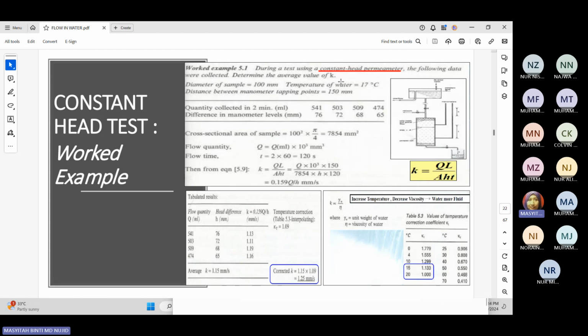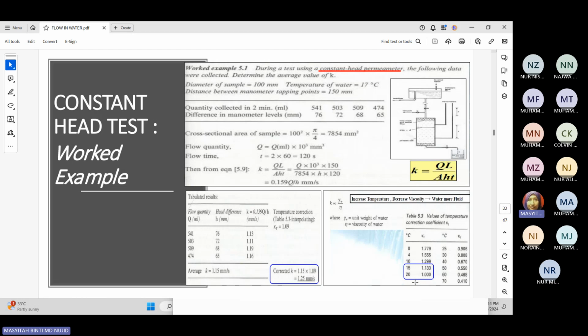Maksudnya, you kena tahu berapa nilai K yang sebetulnya pada 17 Celsius. So, you look at this table 5.3, 17 Celsius tak ada straightforward dalam this calculation. Maknanya, you kena buat interpolation. Ada masalah tak dengan interpolation? So kalau you ada problem with interpolations, please get it done before you masuk campus.